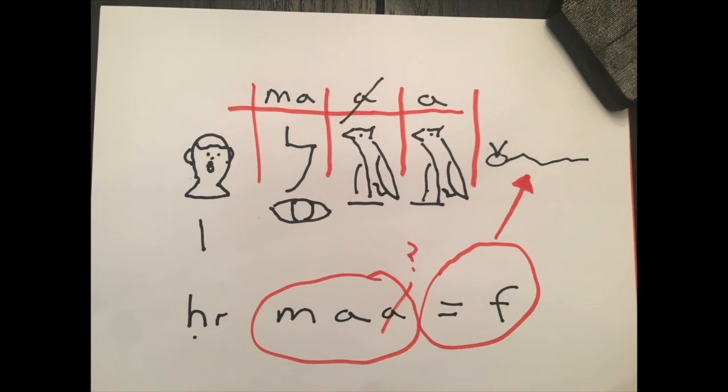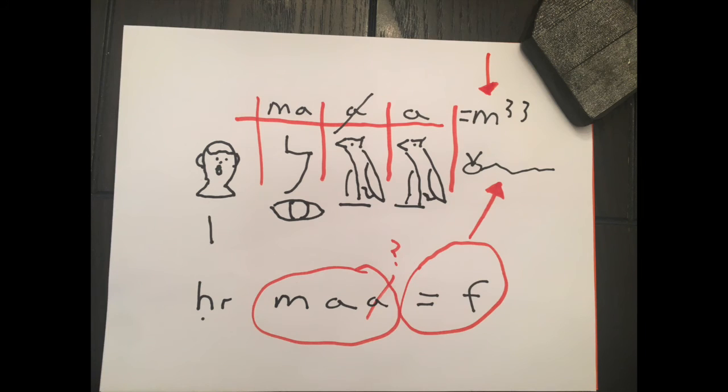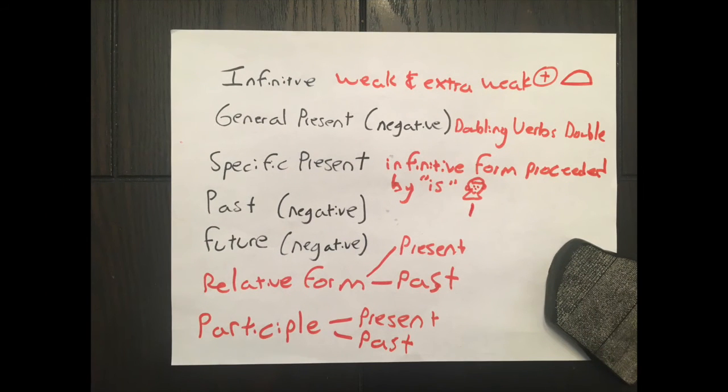So you do cancel one, but that still leaves two. So that's why you have two A's in the doubling verb to see. And then, of course, the glyph for the eye, which would be pronounced ir, is actually a determinative here for seeing. And it's moved due to transposition for making it look nicer.